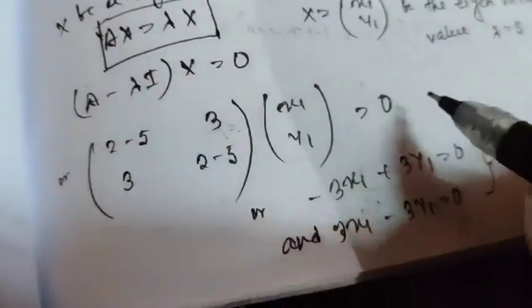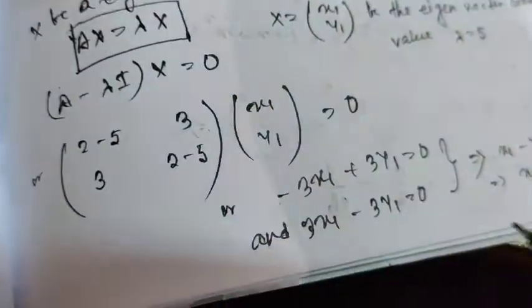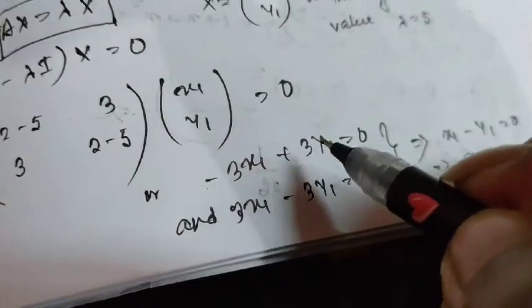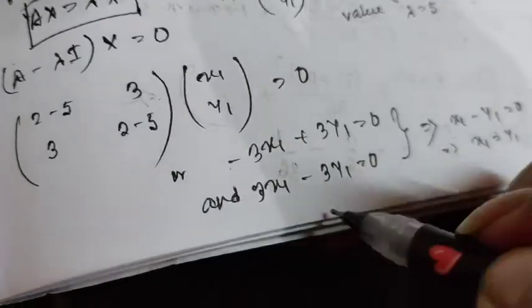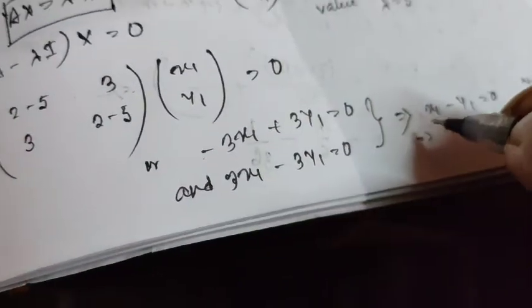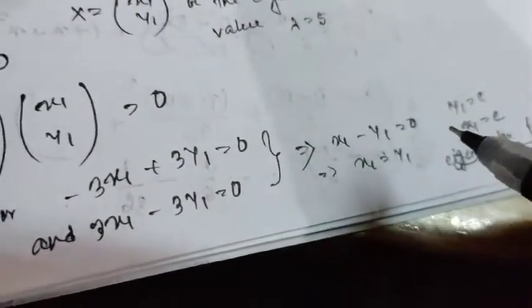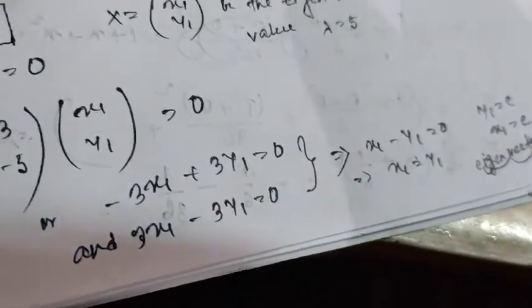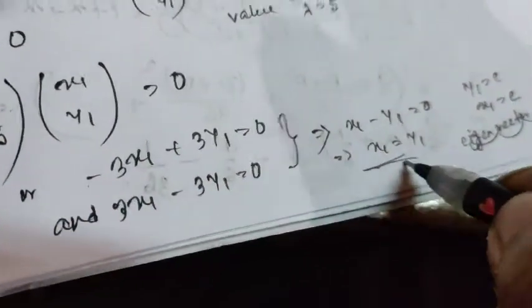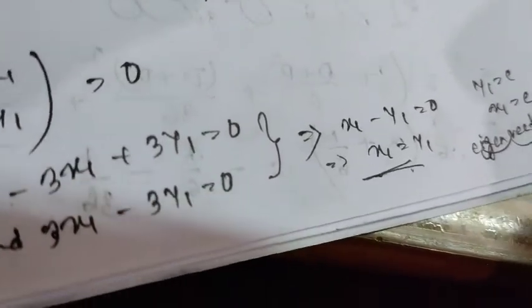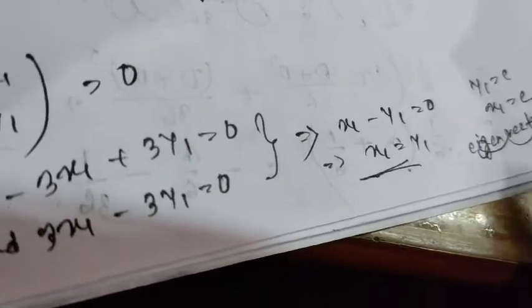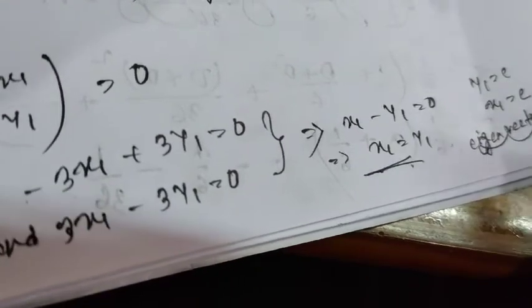This 0 is actually a zero matrix, and if we simplify we get minus 3x1 plus 3y1 is equal to 0, and 3x1 minus 3y1 is equal to 0. Both equations give the same equation, x1 minus y1 is equal to 0, which implies x1 is equal to y1. Now we have to choose either x1 or y1 arbitrarily.